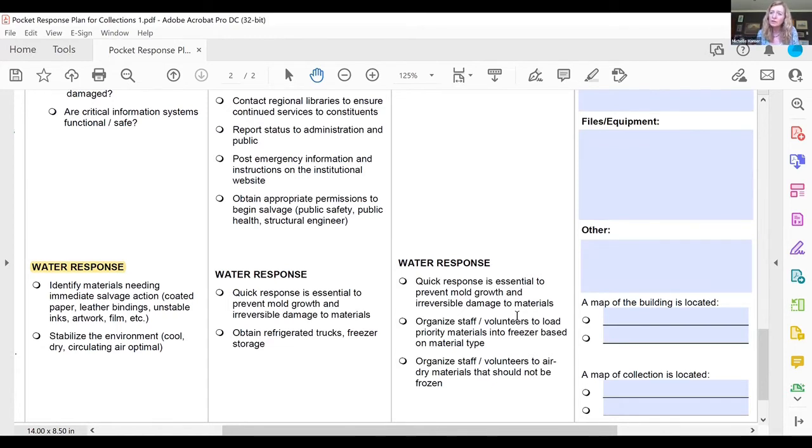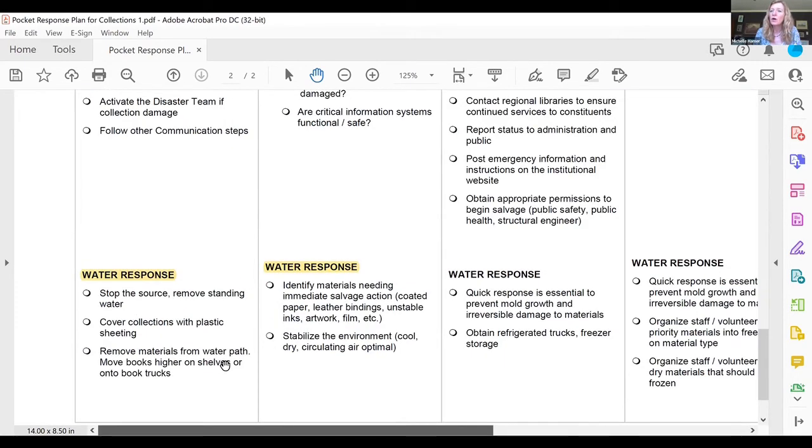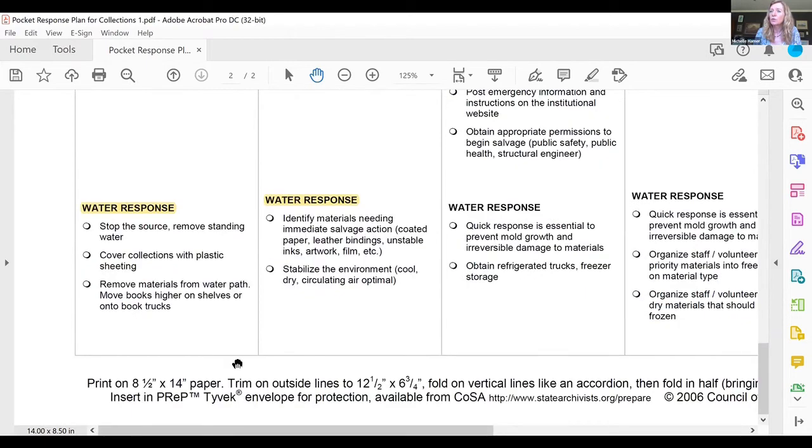We're going to organize our staff and volunteers to air dry material that should not be frozen. So there's your salvage response. So you might have water and fire, and you do it for your particular kind of collection. And that's it. That's your response plan.